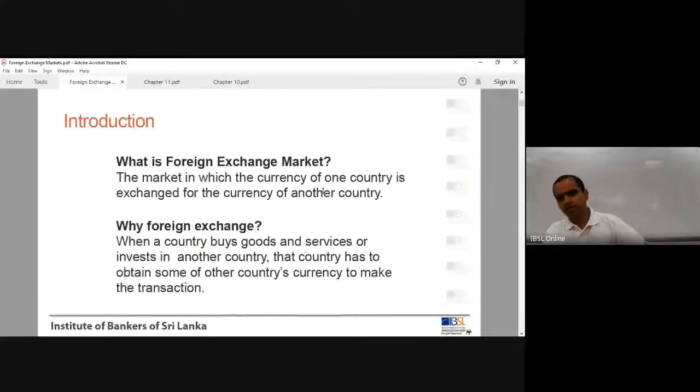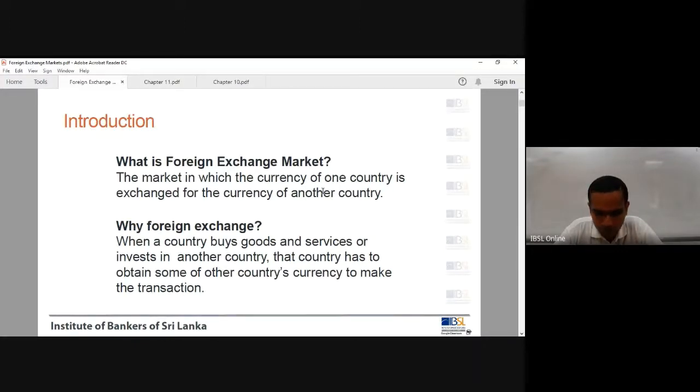So let's move on. Why foreign exchange? If you want to make a capital transaction or a current account transaction with an overseas country, you will have to use foreign exchange.